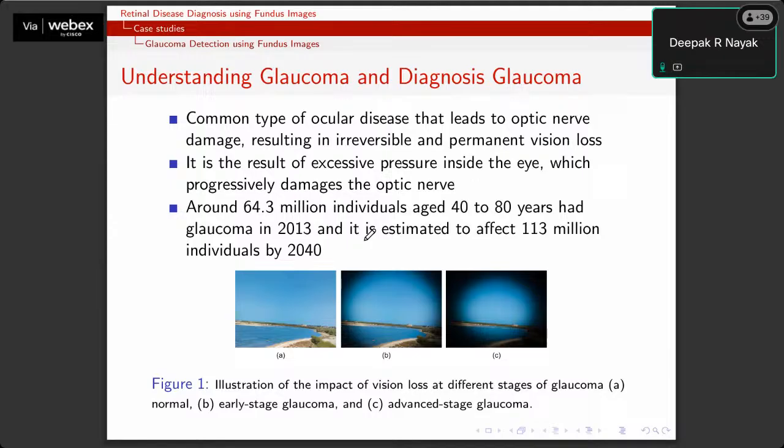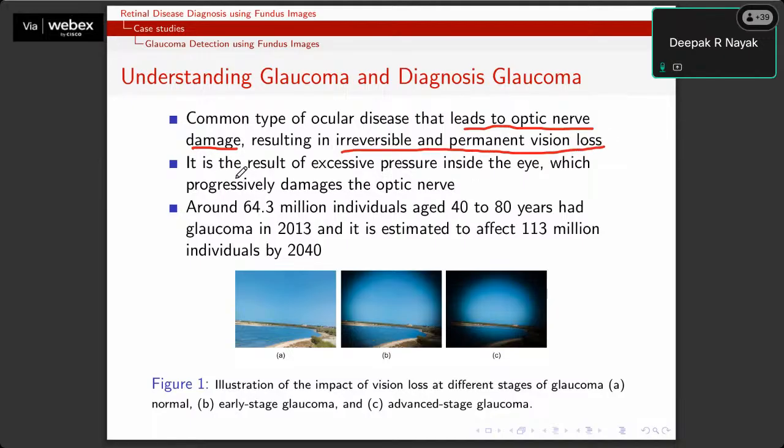So we'll start with glaucoma. What is glaucoma? It is a common type of eye disease that leads to optic nerve damage, and ultimately results in irreversible and permanent vision loss.